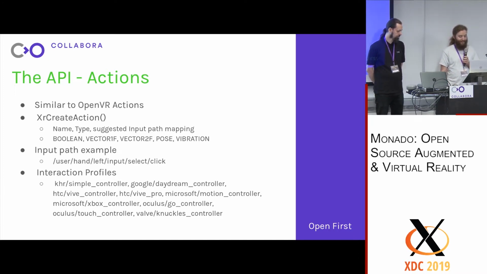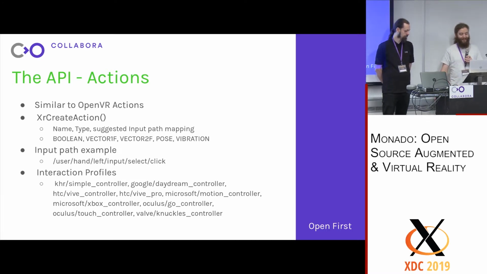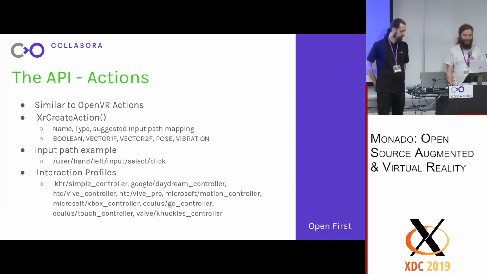So most of the companies that are in Khronos and specified OpenXR have put their controller schemes into the specification. That's a bunch of text here. We have, for example, the HTC Vive controller, the Oculus Rift controller, Oculus Touch controller, and stuff like that.